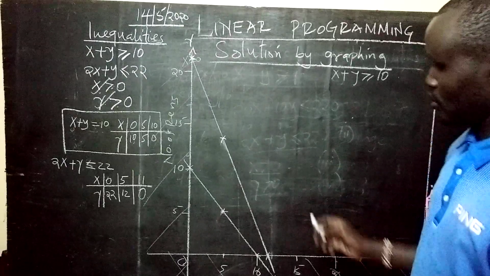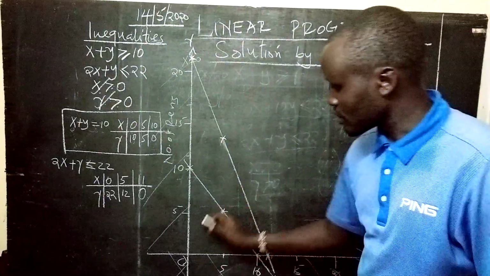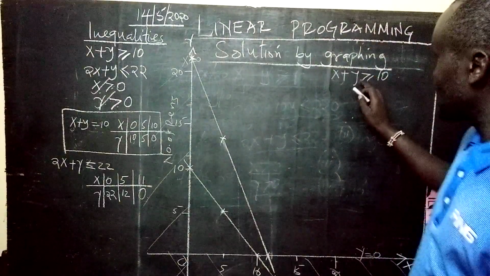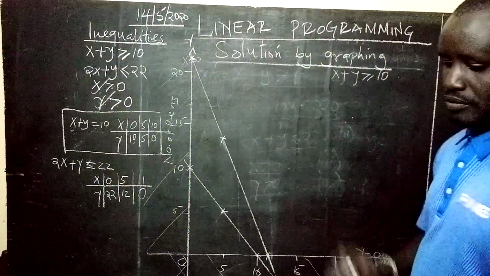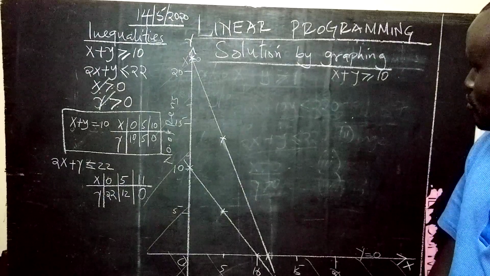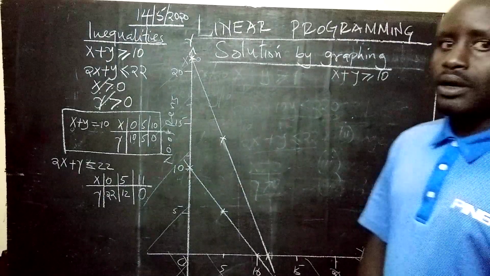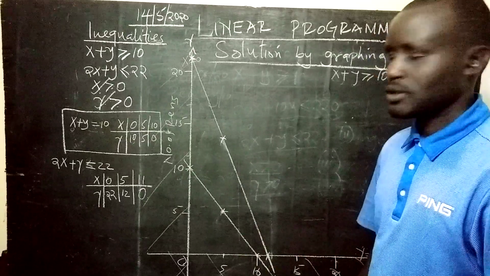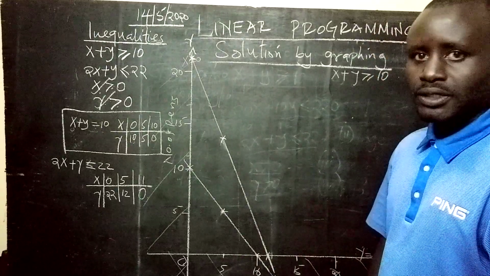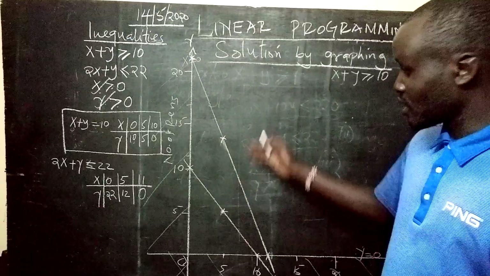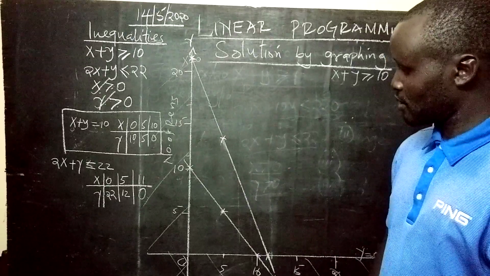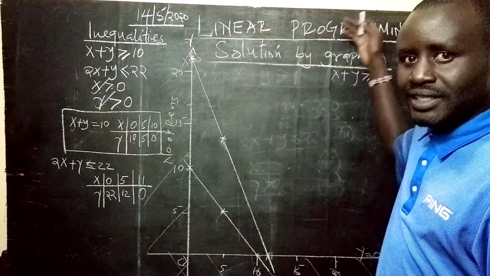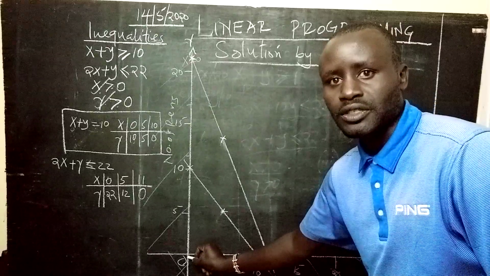So I want us to use a point, any point, either this side or the upper side, to see if it satisfies this information. I want us to use the simplest point that we always know, because we don't have lines showing us the exact points. I want us to use the origin.